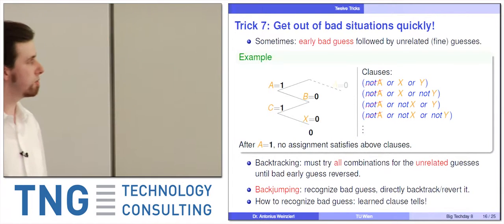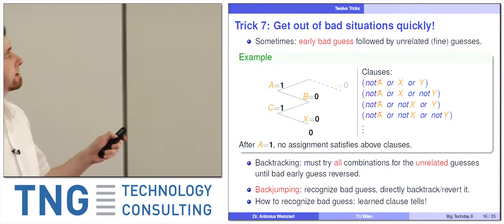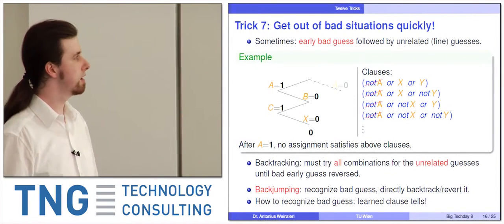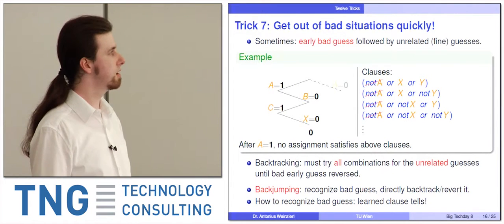So do a backjumping, recognize that the bad guess is happening here, and directly backtrack to this.